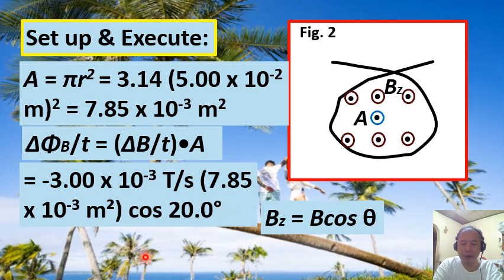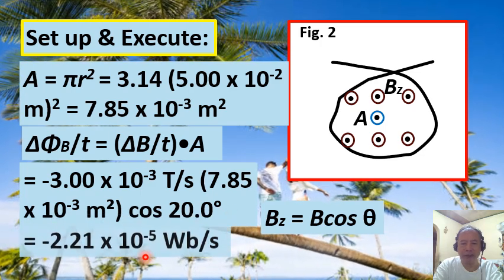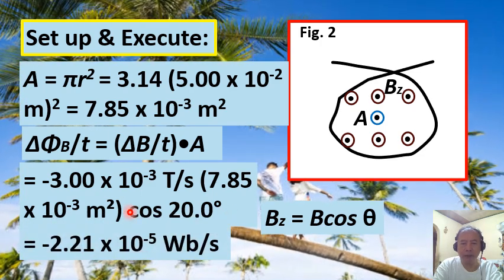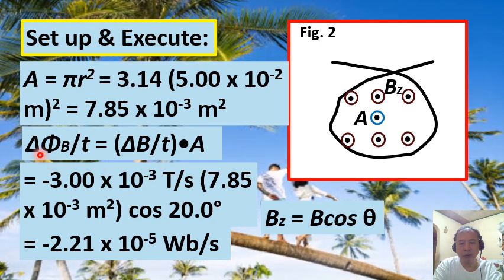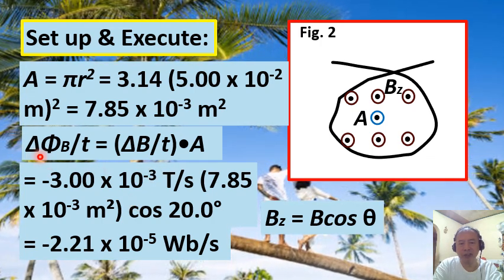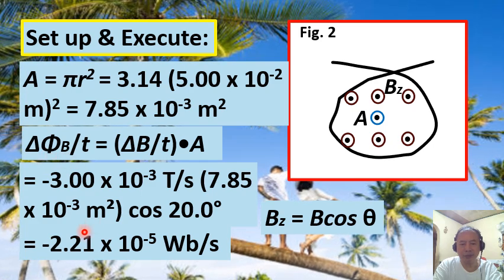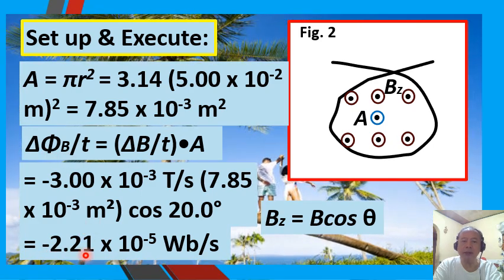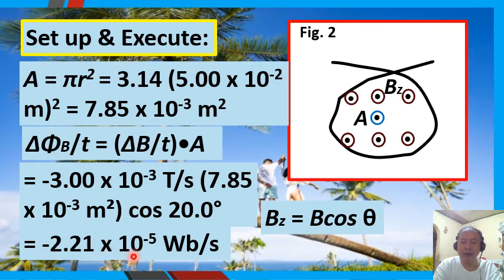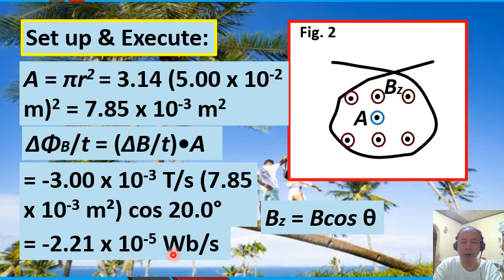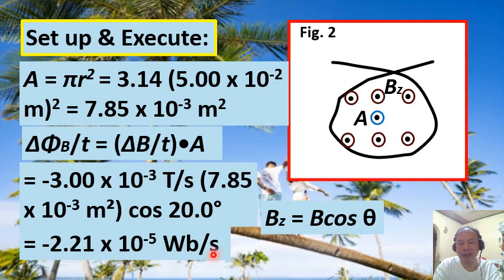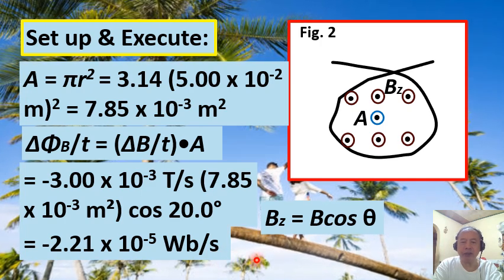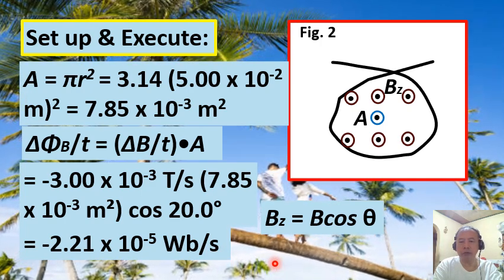So when you do the math, we find this Z component of the rate of change in the magnetic flux equal to negative 2.21 times 10 to the negative 5 Weber per second.